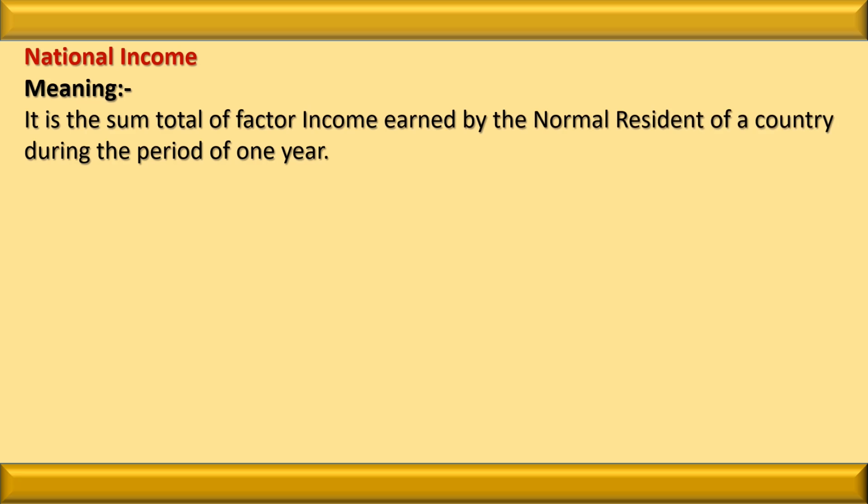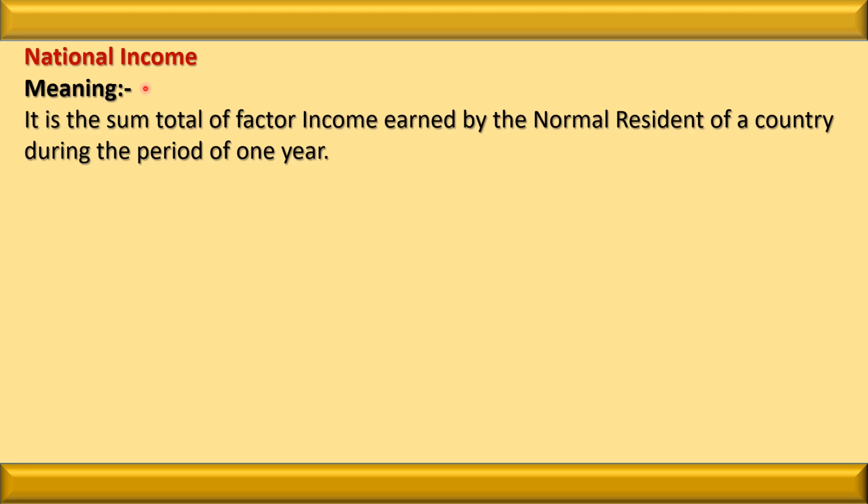Listen, national income is the sum total of factor income earned by the normal resident of a country during a period of 1 year. In this definition, we have seen two important things: one is factor income and the other is normal resident.